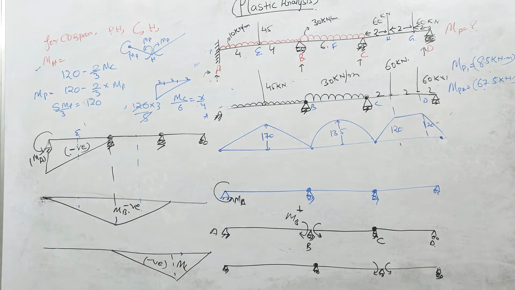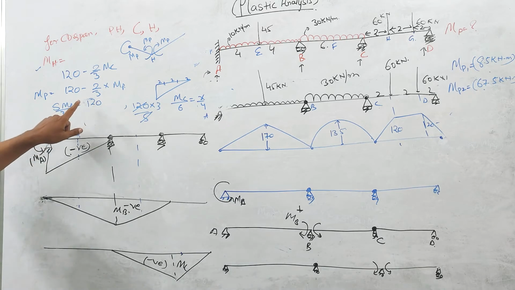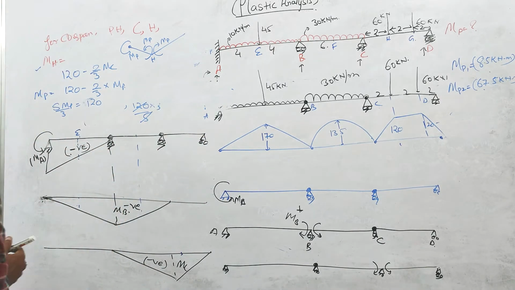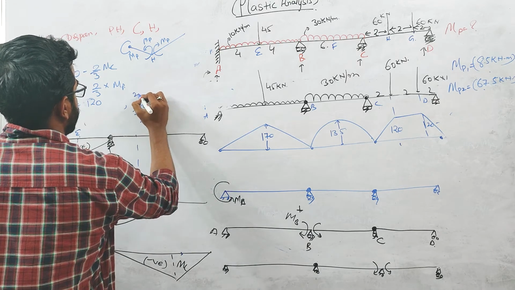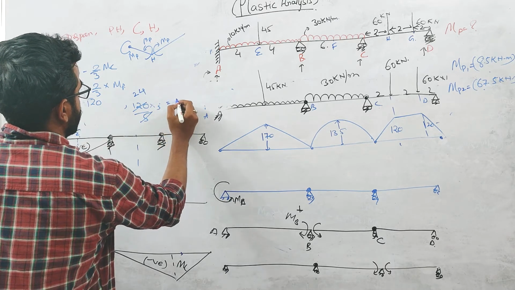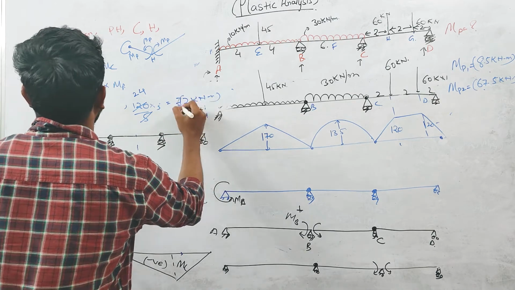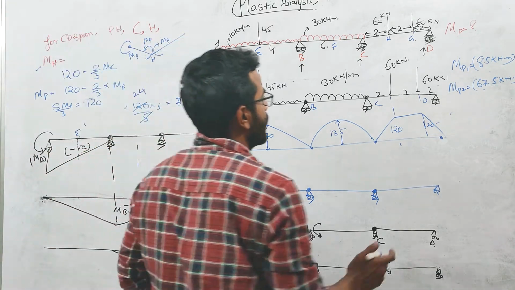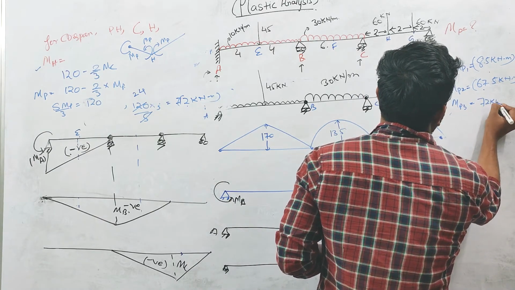So this value comes out to be 72 kilonewton meter, right? So MP3 is 72 kilonewton meter, right?